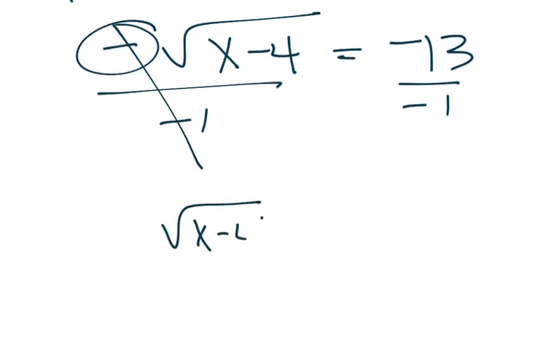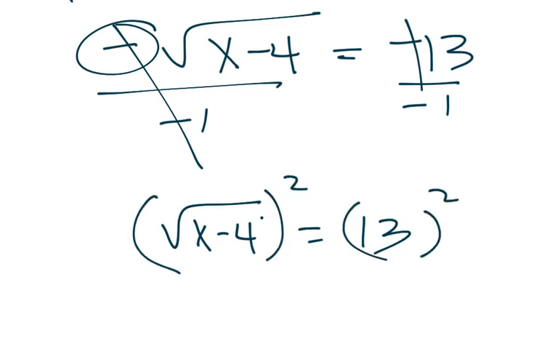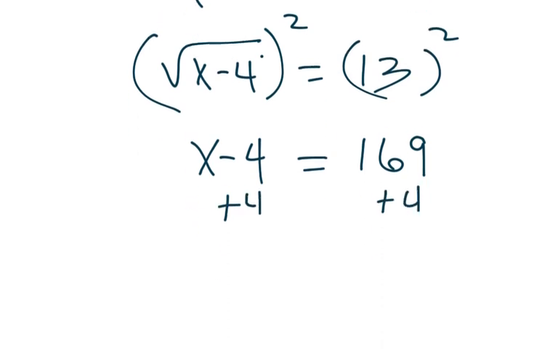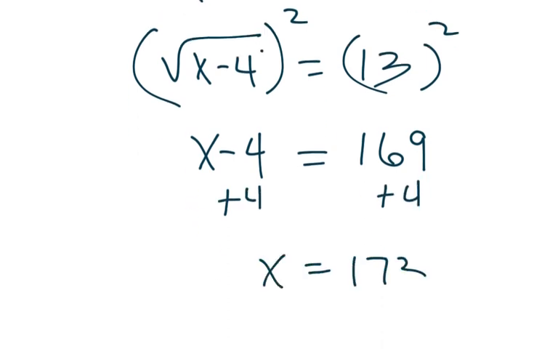And now I have the square root of x minus 4 equals positive 13 because a negative divided by a negative is a positive. Now I will square both sides, and that will leave me with x minus 4 equals 169. One last step, x equals 173.